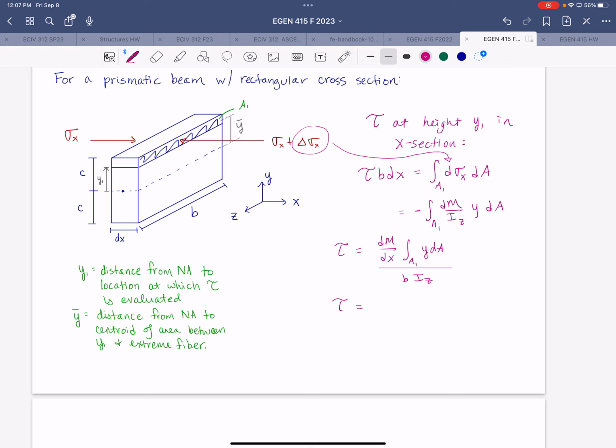Or shear stress equals dM/dx times capital Q, which is that first moment of area, divided by b and Iz.